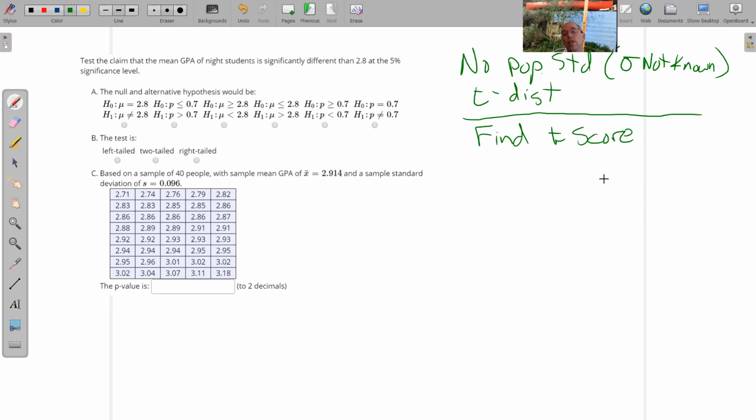And a t-score is like a z-score. Remember, a z-score is the number minus the mean over the standard deviation. So in this case, the t-score is going to be our mean, so x bar, minus the population mean, that's given up here.